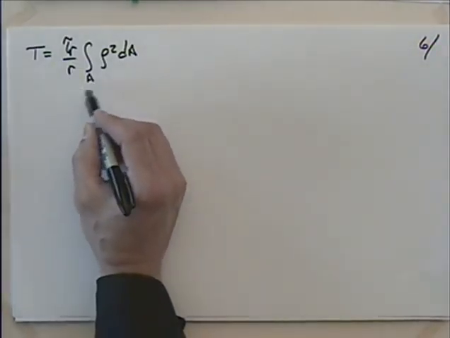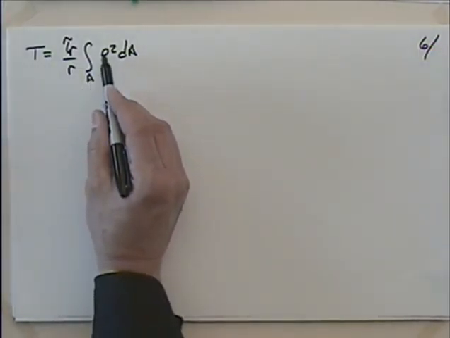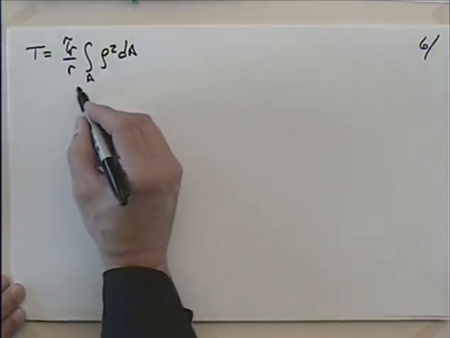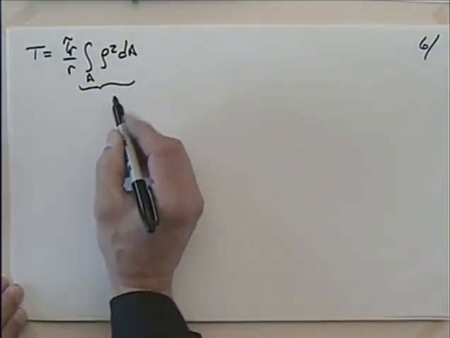Now this is a little bit different because I'm looking at the rho, which is the distance from the center. So I could say that this is the polar area moment of inertia.